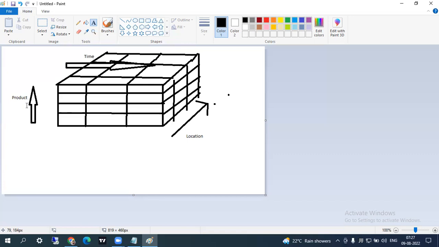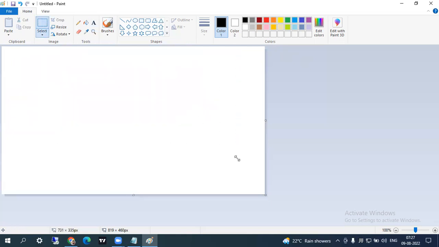Understood what a data cube is or not? Yes. Just tell me another example, like what you see daily, or some example of a data cube, some multi-dimensional data you want to store.